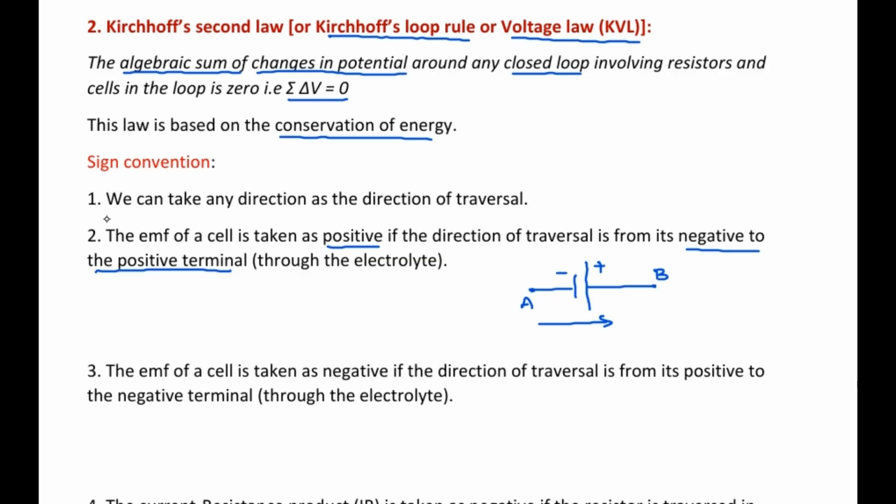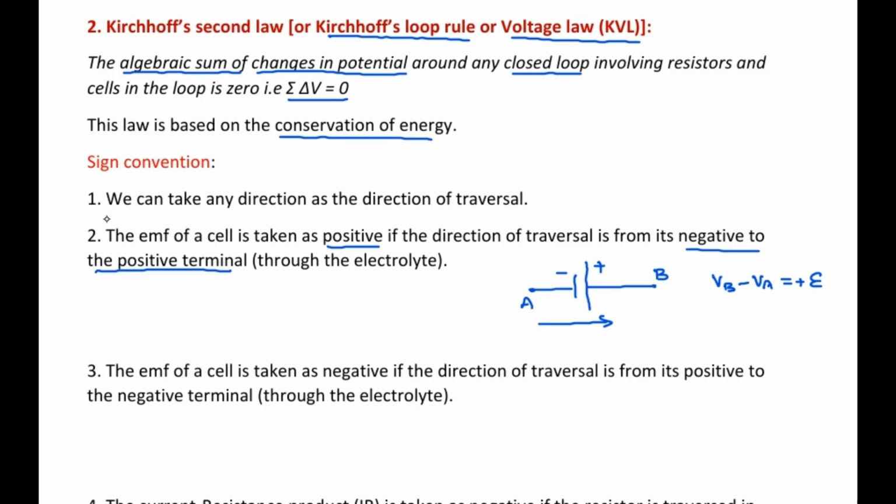We are moving from A to B through the electrolyte. So, potential at B will be higher than potential at A because B is connected to positive, A is connected to negative. So, potential difference or change in potential can be taken as final potential VB minus initial potential VA, meaning we are moving from A to B. For us, A is initial, B is final.